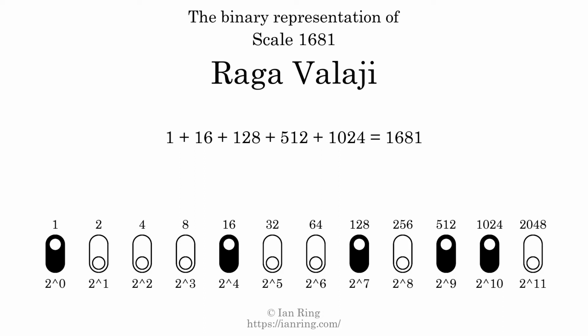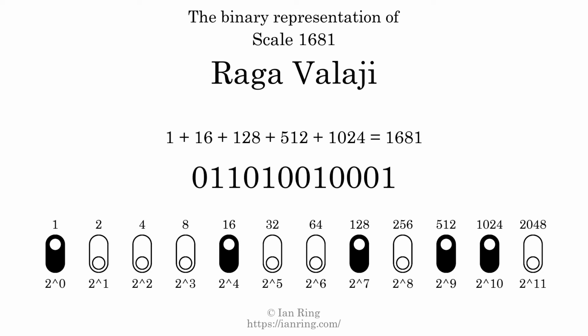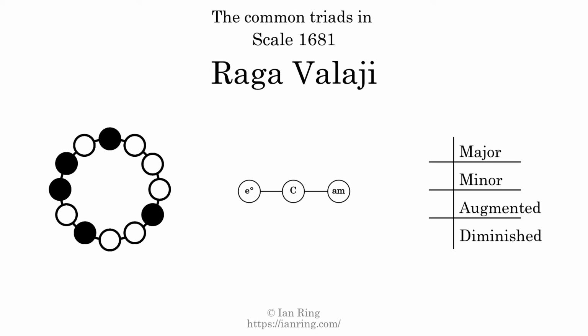That is why the scale number, in decimal, is 1681. The scale number not only enumerates the scale with a unique index, but it also literally describes the tonal content of the scale. Represented as a binary number in base 2, the scale number is 0110100100001.